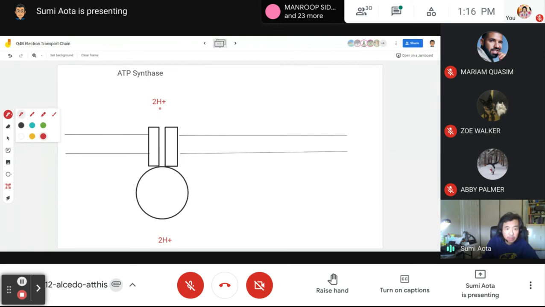Okay, so you're going to have two hydrogens because there's an electrochemical gradient, right, that we've created using those electron transport chains. We've pumped hydrogen. There's a high hydrogen concentration over here, low concentration here. Hydrogen is going to come back through this enzyme.